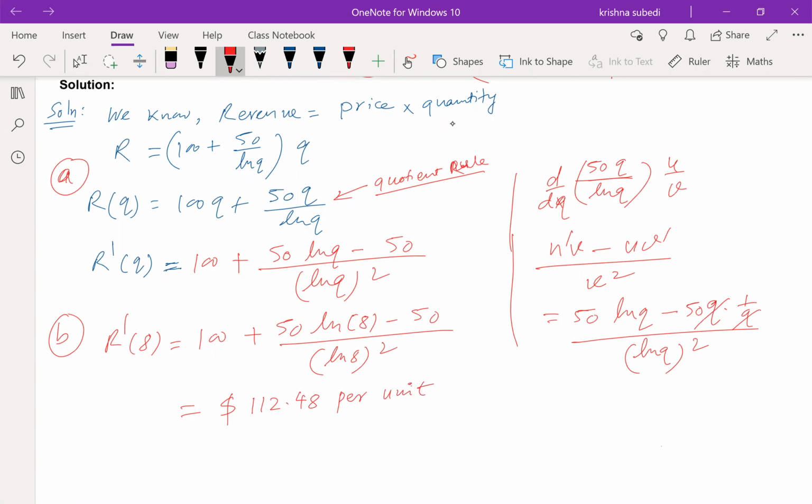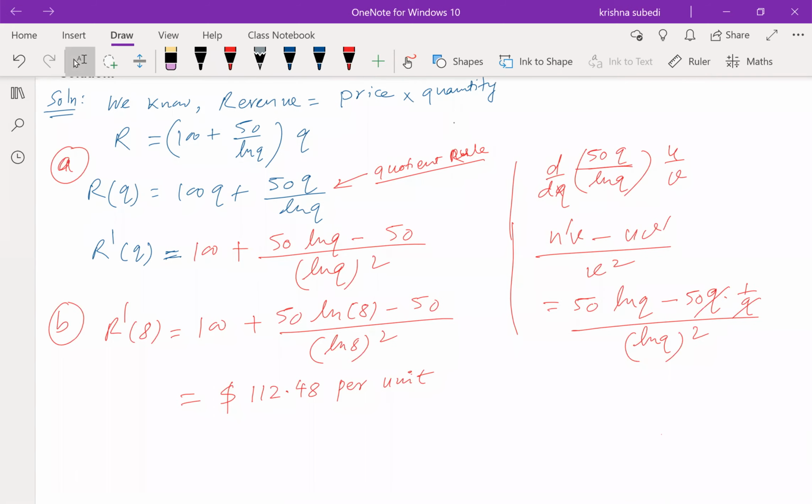Okay, anyway, I used my calculator. My calculator gives me $112.48 per unit. Did you guys get the same thing? Okay, thank you, Q. We got the same thing, so that must be the correct answer. All right, so what it means is the revenue from the 9th unit, when you sell the 9th unit, will be this revenue.